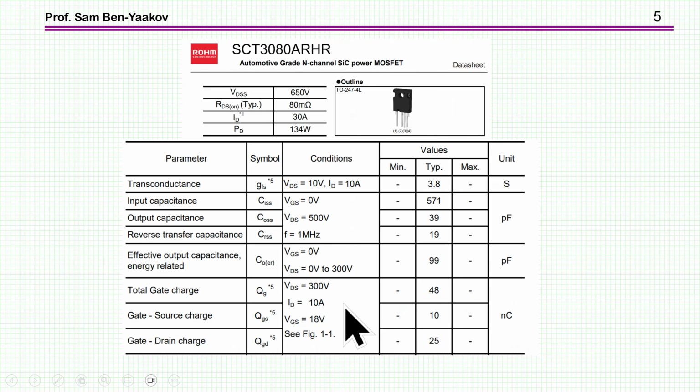And here is another MOSFET. This is now a silicon carbide, supposed to be much faster, and indeed the input capacitances, if we look at them, are actually smaller. But it's really interesting that the output capacitance and the energy related capacitance, this value here, is not that much different. You see, this is given for 300 volt. The 77 that we have seen earlier was given for 400 volts.